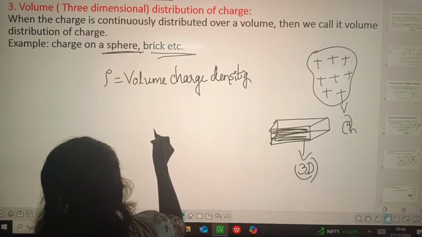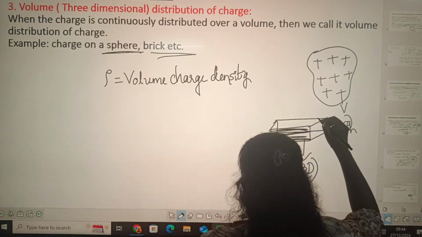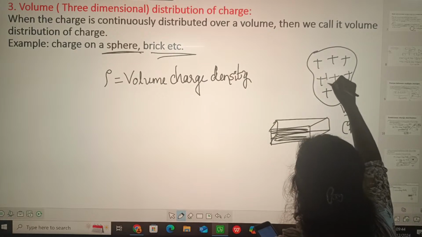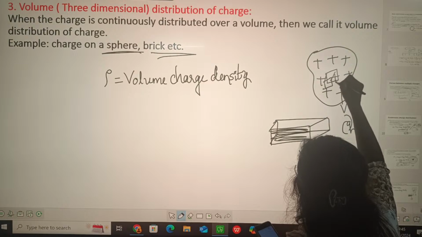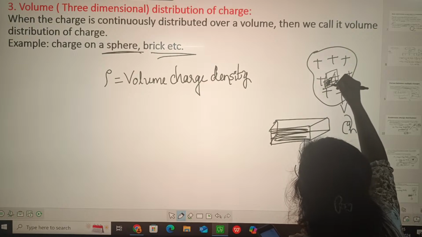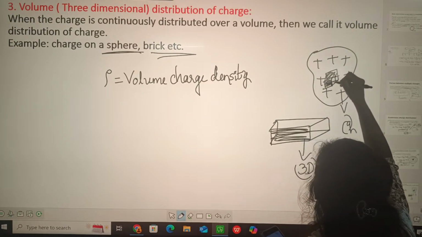In the same way, let us consider a small volume or any cube. It is 3-dimensional.